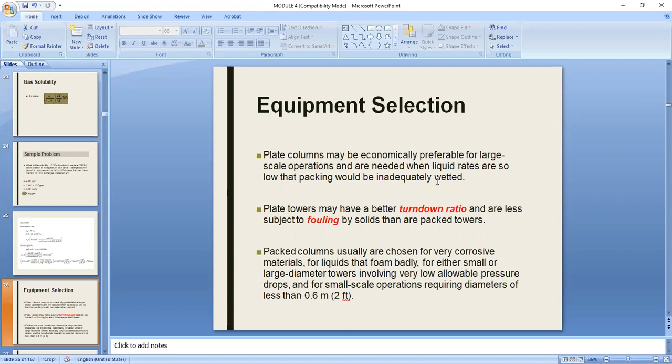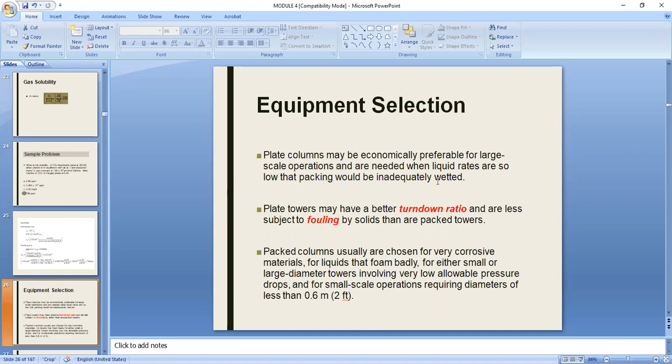So though plate columns are preferred for large-scale operations, if the material to be handled is corrosive, or if the liquid tends to foam, or it could be a small or large diameter tower involving very low allowable pressure drop, so there's a need for the operation to be run at a small delta P, then we can use the packed columns.